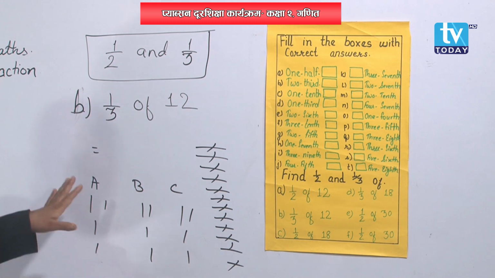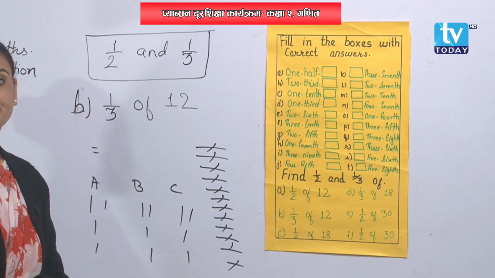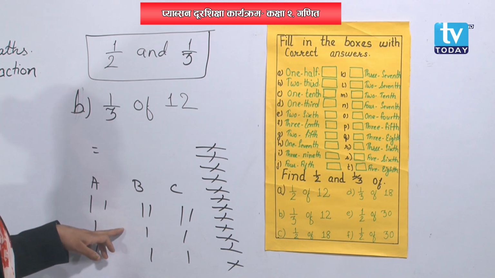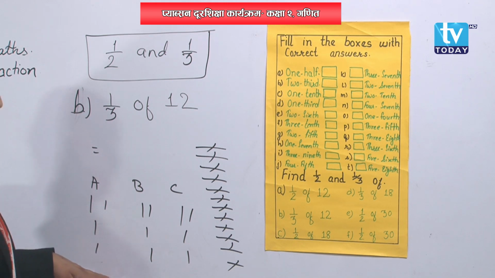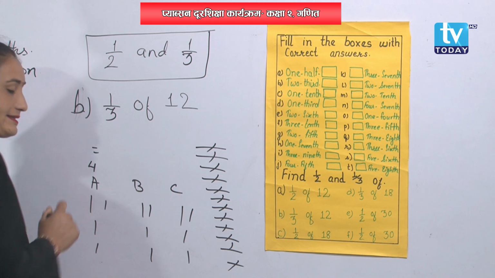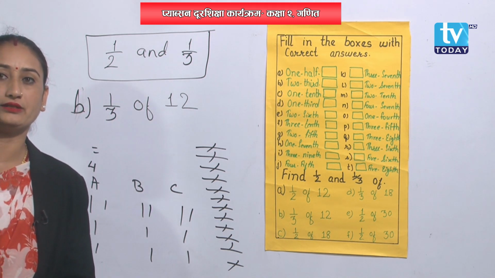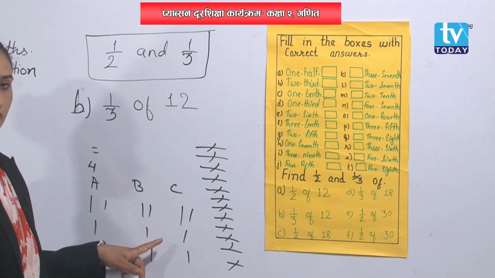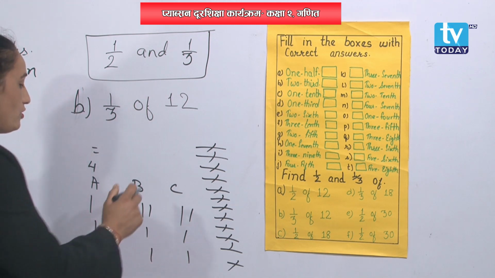How many lines are there in group A? 1, 2, 3, 4. Group A has 4 lines. And what about group B? 1, 2, 3, 4.